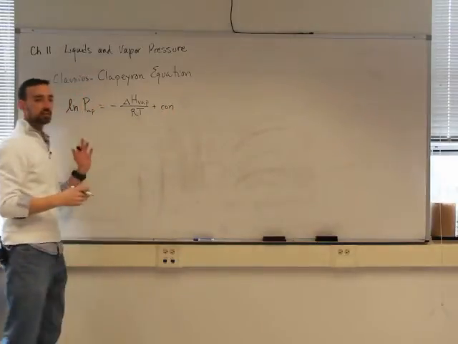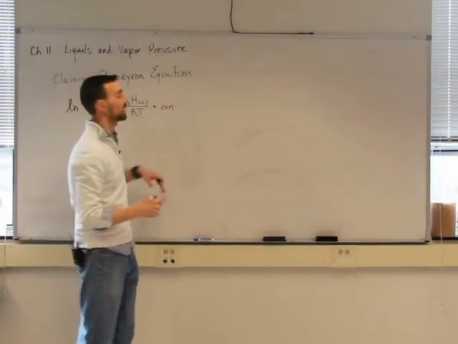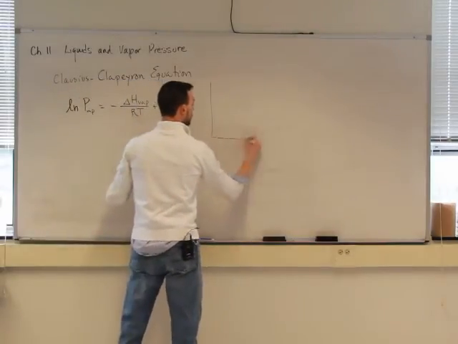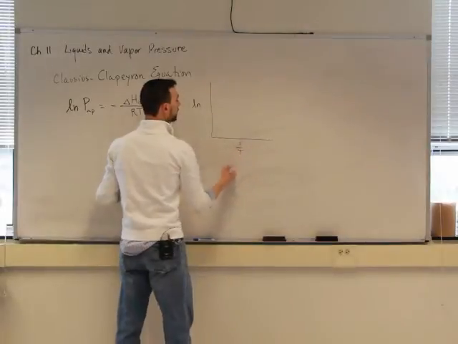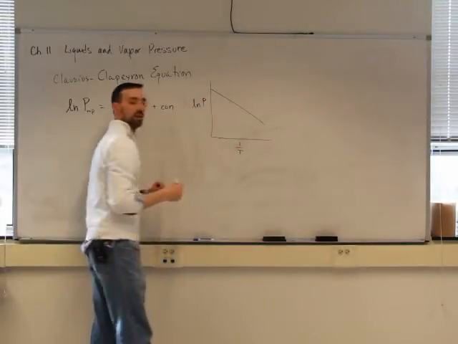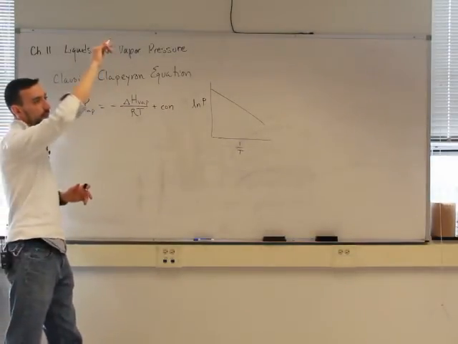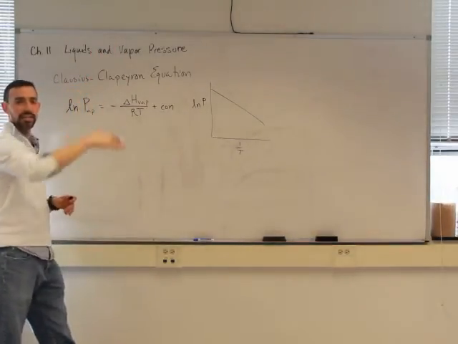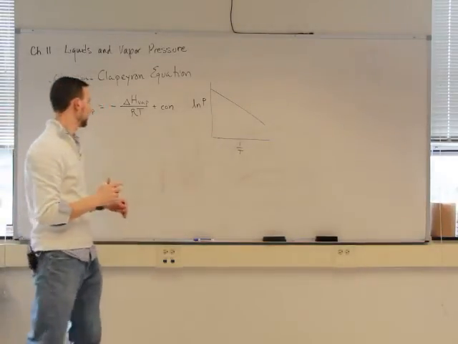And it's written in this form so that it takes that curved structure that I just showed you a little bit ago and turns it into a straight line. But now you'd have to graph the ln of the pressure versus 1 over the temperature. And that turns that curved shape that went up now into a straight line that comes down. All right? And we'll get to why we'd want to do that in just a minute.